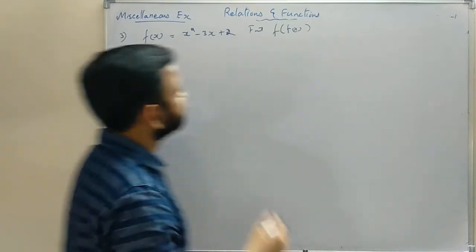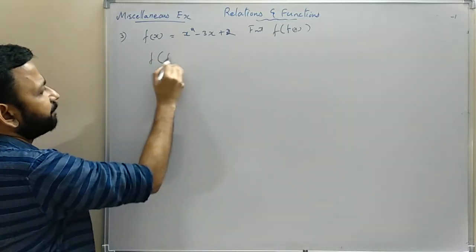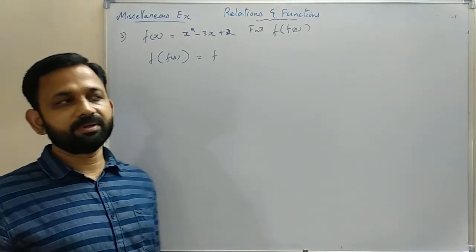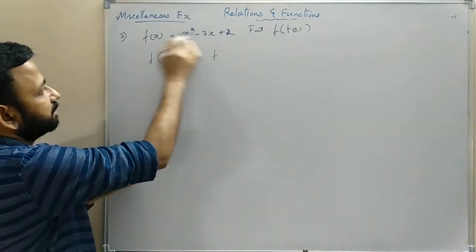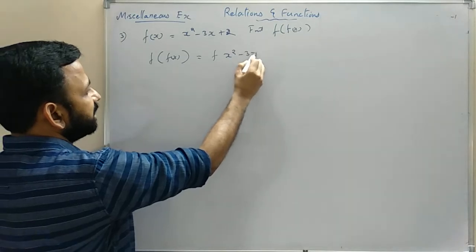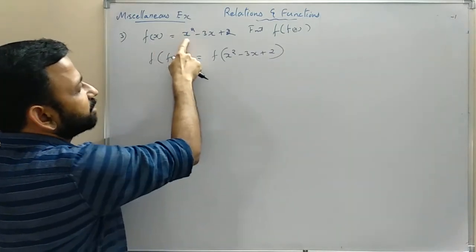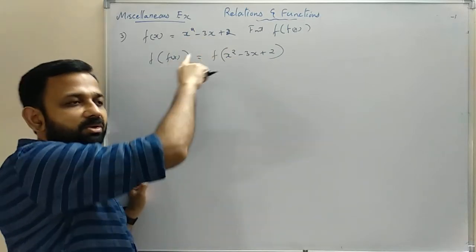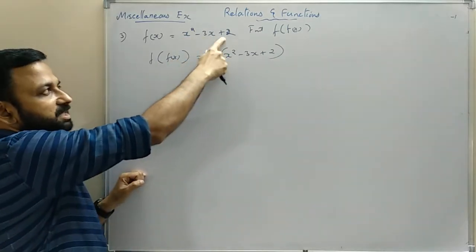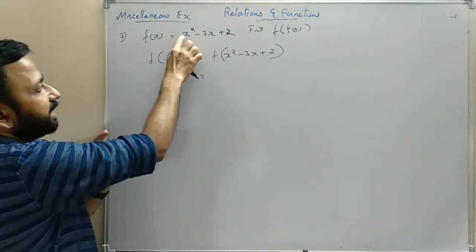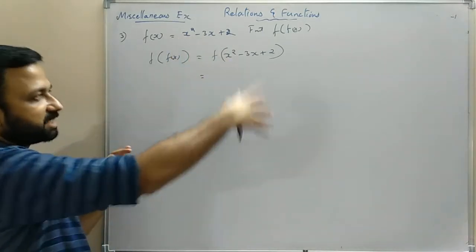So here f of x is given as x square minus 3x plus 2. That is, f of x is equal to x square minus 3x plus 2. So f of y is equal to y square minus 3y plus 2. Therefore f of x square minus 3x plus 2, we can replace x by x square minus 3x plus 2.